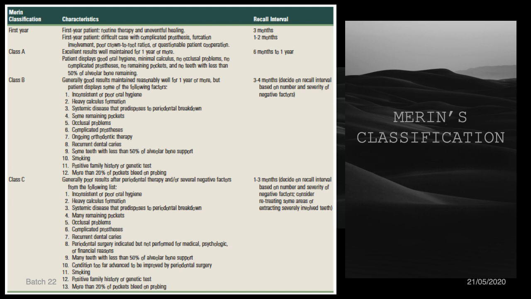For class C patients, these are patients with generally poor results after periodontal therapy.